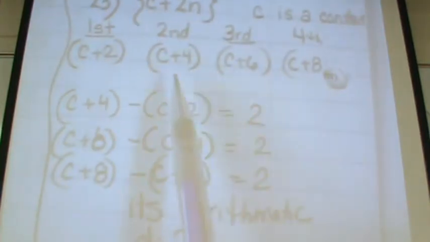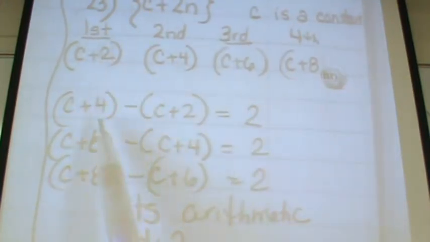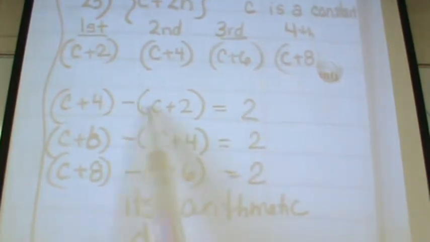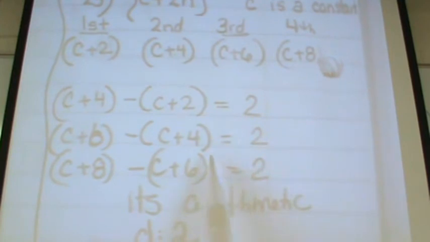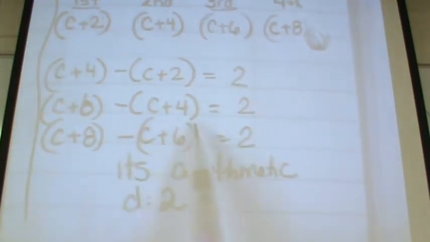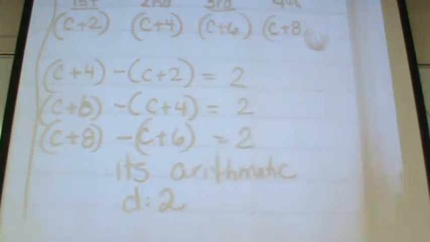When you subtract the second minus the first, you get rid of these C's, and 4 minus 2 is 2. When you subtract the third from the second, you end up with 2, 2, 2. So 2 is your common difference.